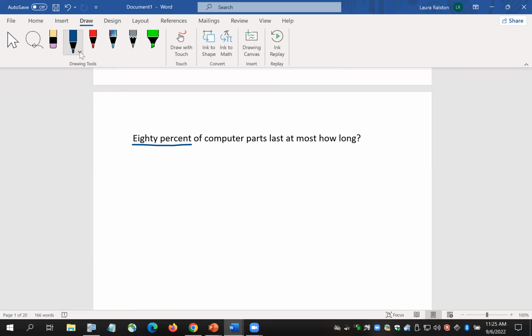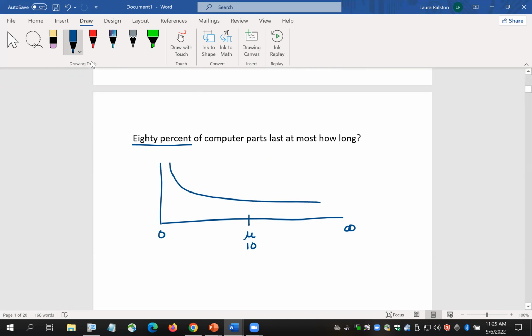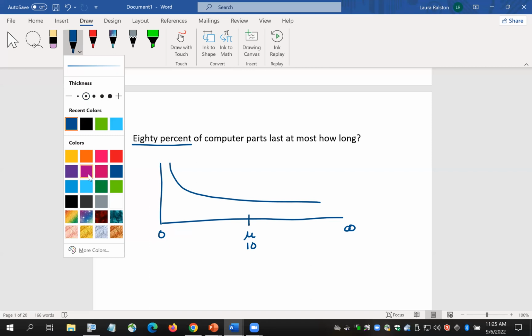Okay, so again, let me see if I can show this to you visually. Again, we know that it's continuous, so it goes from 0 to feasibly infinity. The mean is 10. You have that exponential distribution. Okay, and it says 80%.